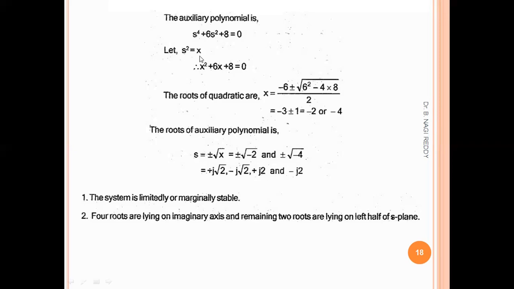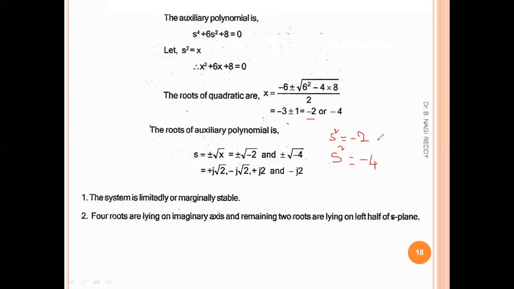But we know the relation between s and x. So what should I do? I got x as minus 2. So s square is equal to x, right? So s square is equal to minus 2 is one condition, and s square is equal to minus 4 is our second condition.